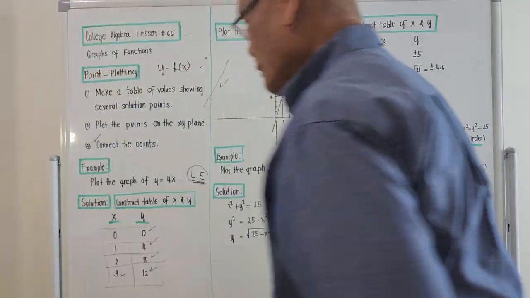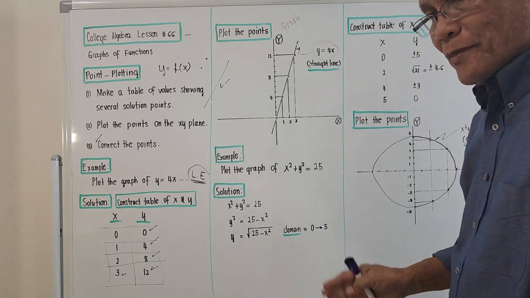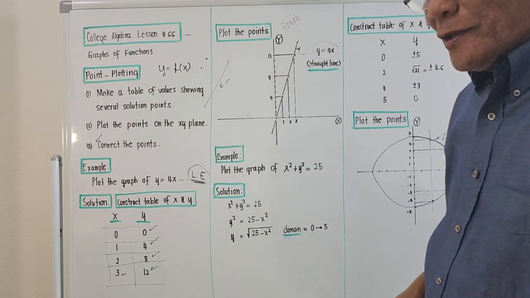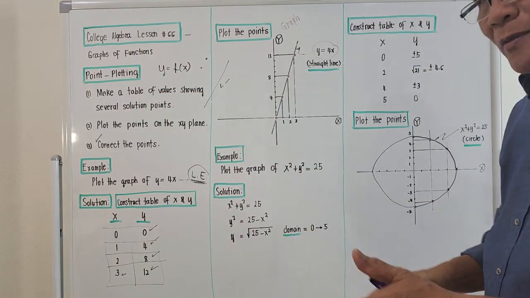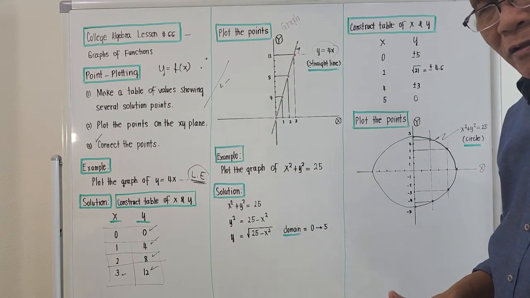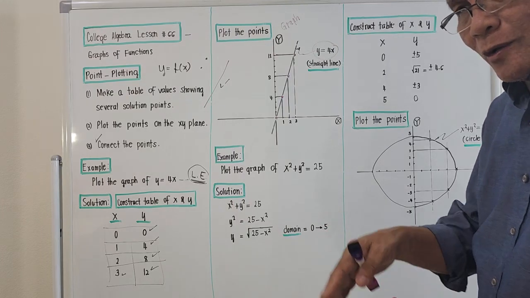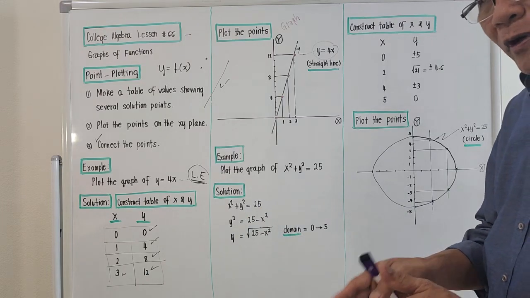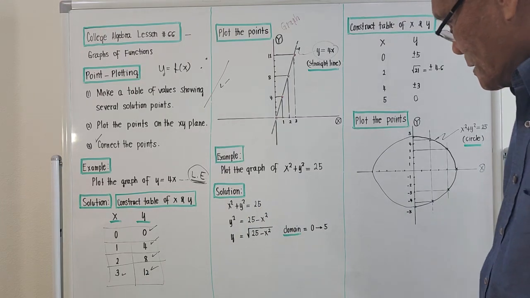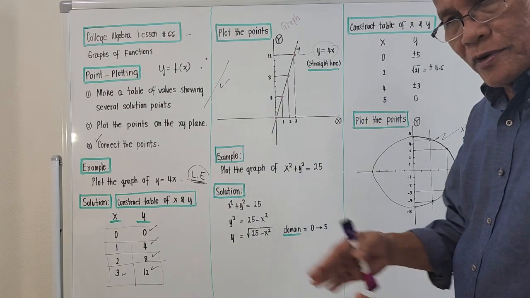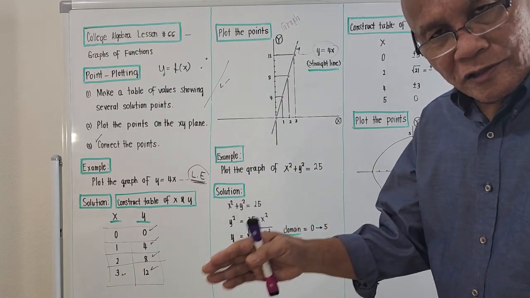That's the way how to plot a graph by using the so-called point plotting. So when you go to higher mathematics, if you are not sure of the graph, always start with point plotting. That's always the start of the solution or how to bring out the graph. But if you are already familiar with the degree of equations, at least you know that if it is a first degree, it is a line.